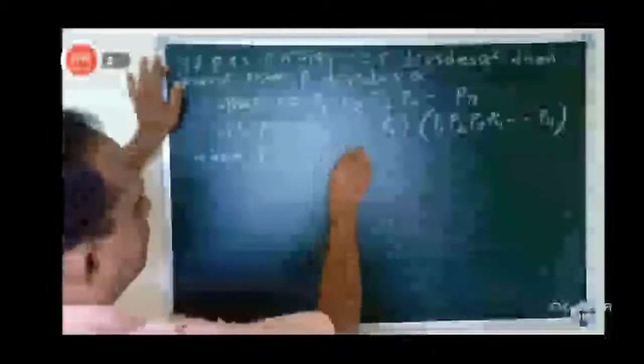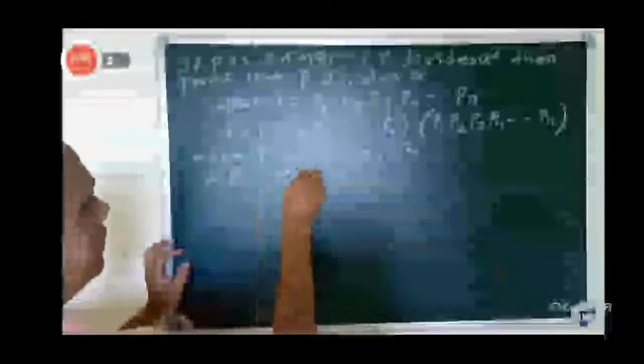So when p divides a square, p must exist in any one of these. When p exists in this product, another p also exists in the other product.